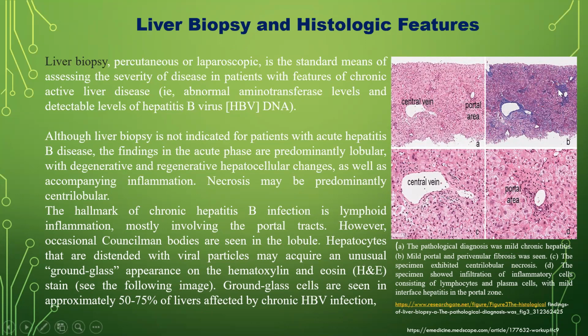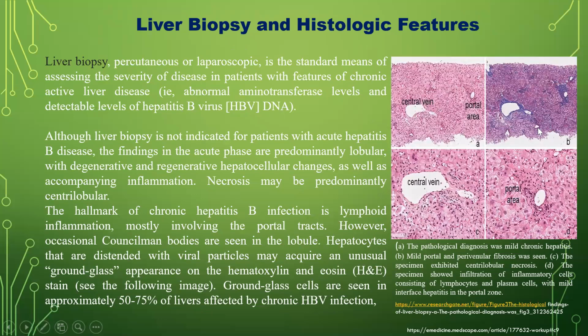Here, on these pictures, you can see the mild chronic hepatitis, and you can see that the structure, or rather architecture, of the liver is not as it should be. There are many inflammatory cells around central and portal areas.